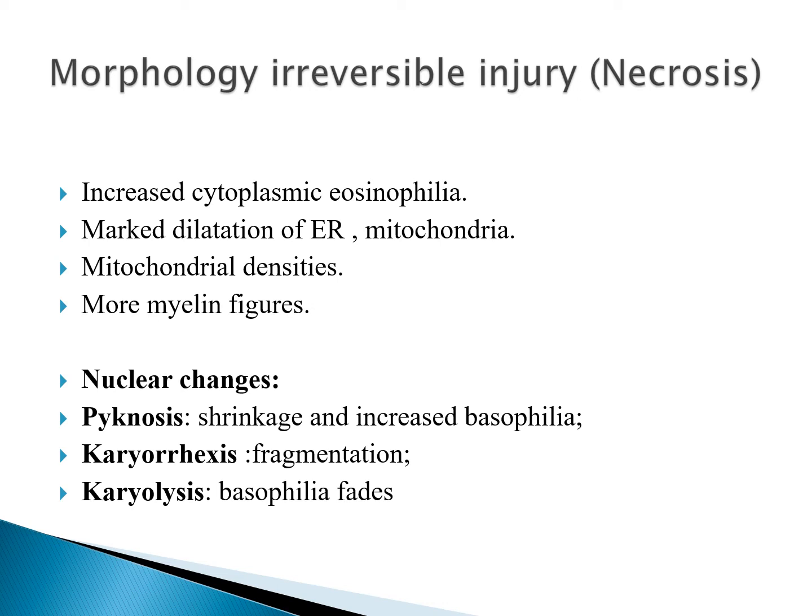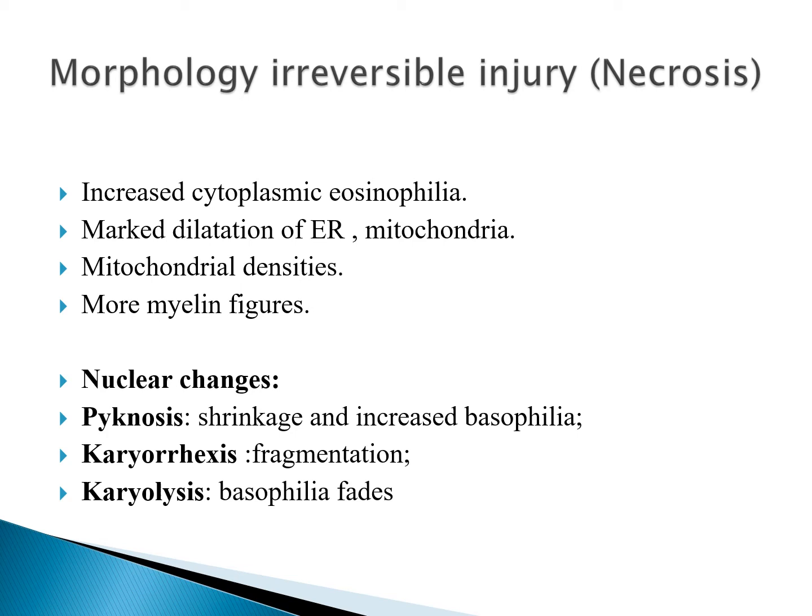We can see again the morphology can be appreciated by macroscopic or microscopic appearance, or at the ultrastructural level by the electron microscope. The first thing that we see is increased cytoplasmic eosinophilia as opposed to the increased cytoplasmic water content in reversible cell injury.